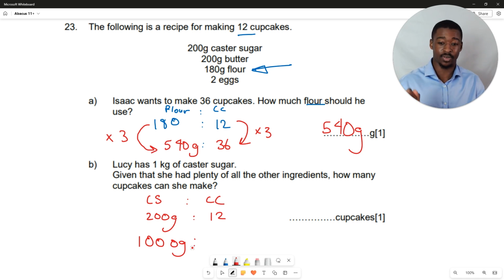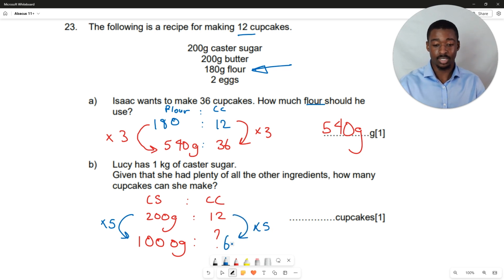We have to make sure we convert it. How many cupcakes does this give us? Well, here we multiply by 5 to go from 200 to 1,000. So here we're also going to multiply by 5, giving us 60. So this means she can make 60 cupcakes.